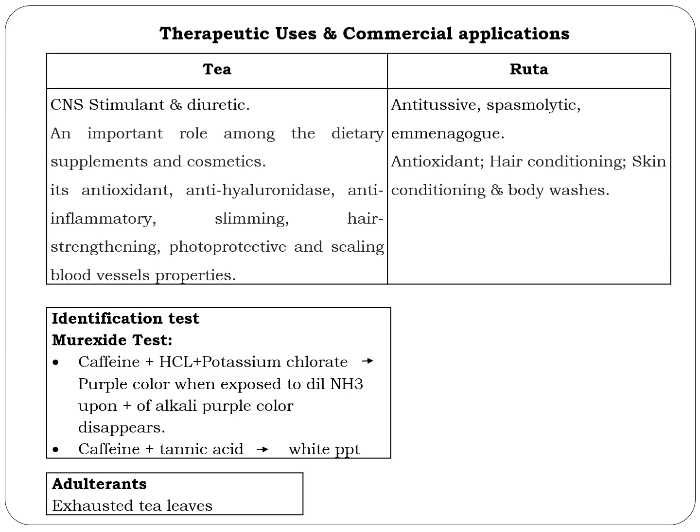When it is then exposed to dilute alkali solution, the purple color disappears. Whenever caffeine is treated with tannic acid, it results in a white precipitate. Exhausted tea leaves are used as an adulterant to replace the genuine tea drug.